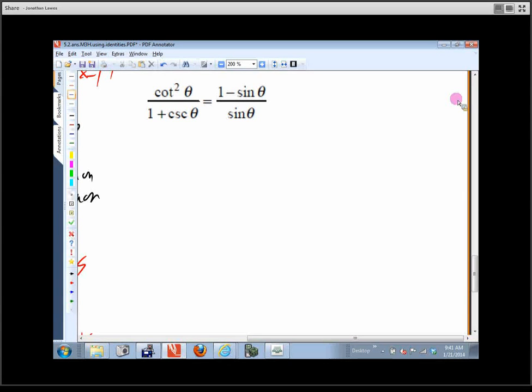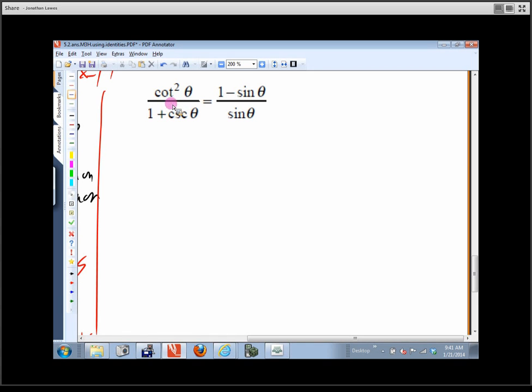Which one's more complicated? Anybody want to advocate for the right? Is the right more complicated? Why is the left more complicated? What makes it more complicated? There's more than one trig function, I'll take that.